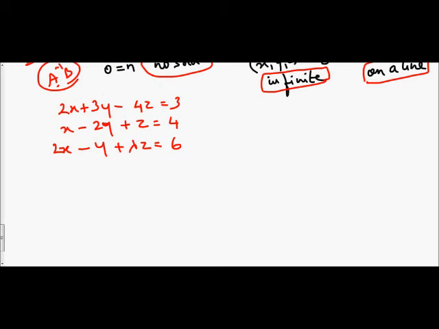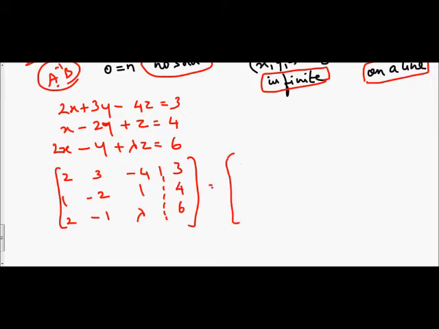I'm just giving you the method, I'm not going to solve this. What you do is make the augmented matrix here. You can see there is a lambda, therefore you cannot use GDC to reduce it. So use manual row reduction techniques and try to make the last row have as many zeros as possible.